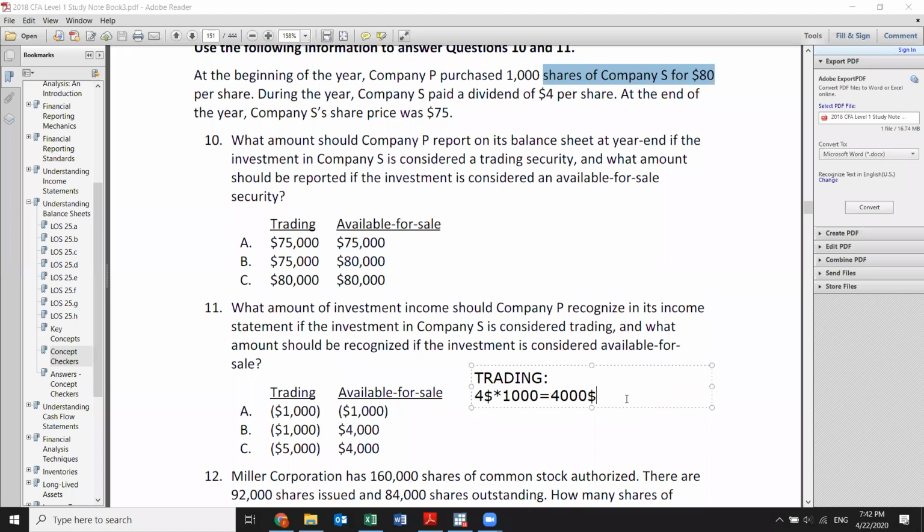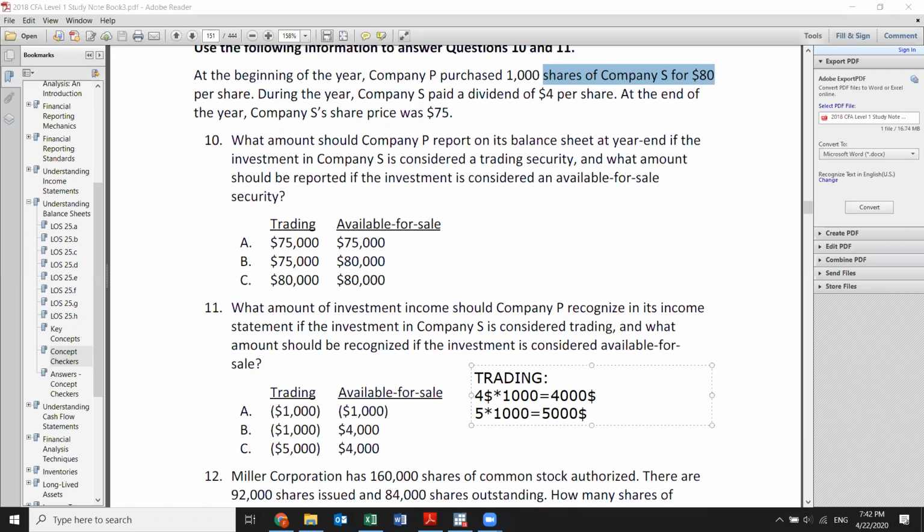Then we do not receive, but rather we incur a loss here. Why? Because we expected that the price was going to increase, but however the price did not increase, the price became $75. Here we are losing $5 times 1,000 shares. It was 80 and we paid 80, but the price per share became 75, so we are losing 5,000 bucks.